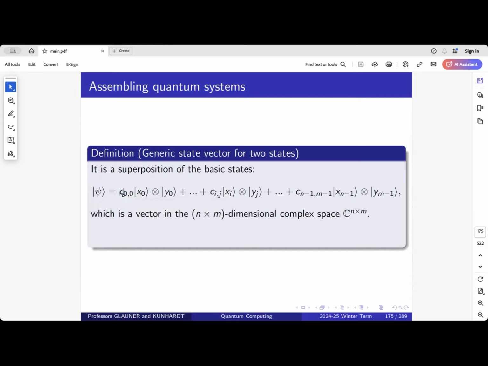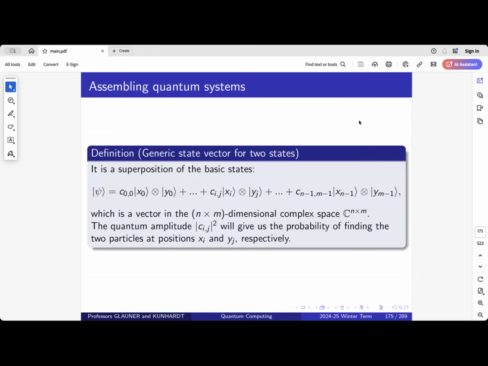But we don't care too much about the concrete complex numbers anyway. Before, we cared more about the transition probabilities, and we've seen how to build them with the tensor product. It's just a system that is evolving, and C00 means it's the complex number referring to that basic state. Cij is the complex number for this basic state, and so forth. So I hope this answered the question.